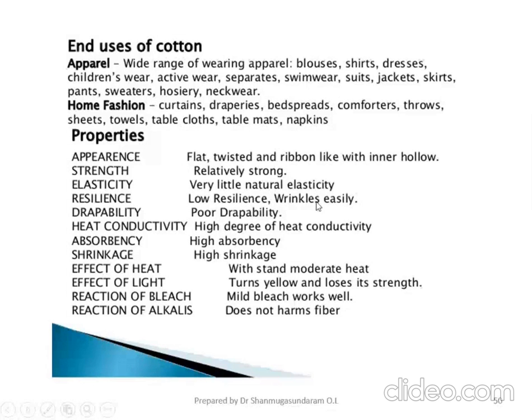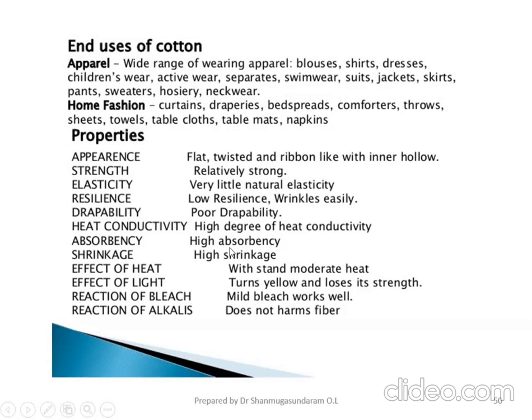So that is the reason why we are mixing with polyester fiber in order to remove the wrinkle present in your cotton fabric. Okay. Drapability, it has poor drapability. Drapability means the ability of the fabric to bend easily. Then heat conductivity, high degree of heat conductivity in case of cotton fiber.